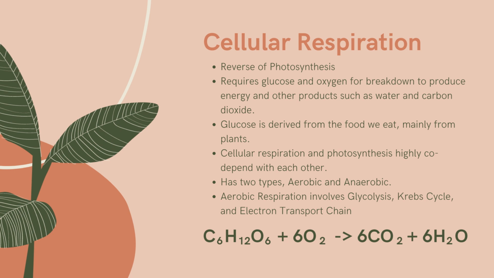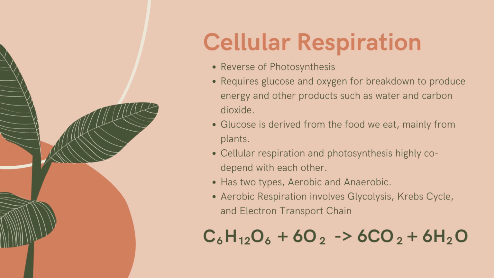Typically, these are waste products. Glucose is derived from the food we eat, mainly from plants. As we have talked about a while ago, plants are the main source of glucose because of photosynthesis, the process in which they produce glucose. That is why, in cellular respiration, glucose is now being broken down to produce the energy we need.